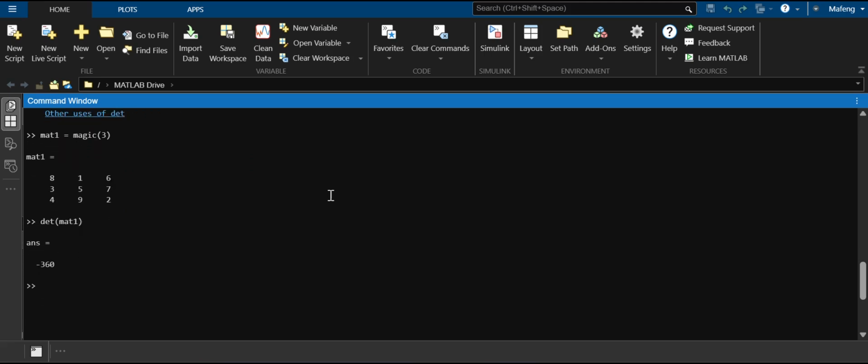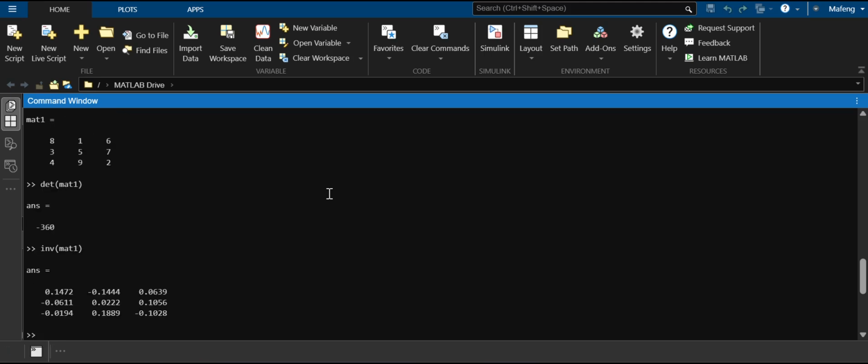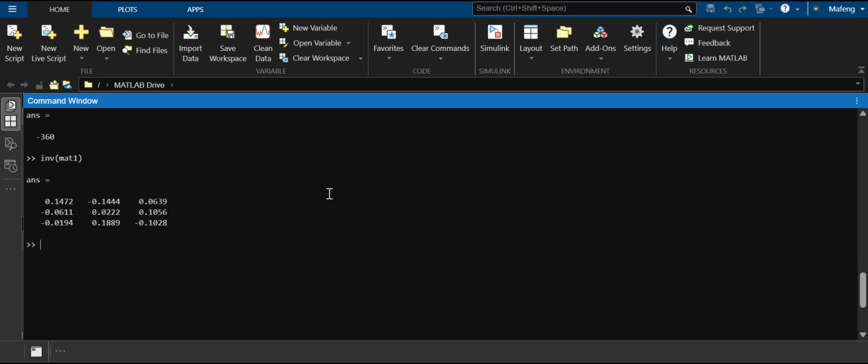Right, so the DET is used for finding the determinant. We can find the inverse of a matrix using the INV function. The INV also works on your square matrix.